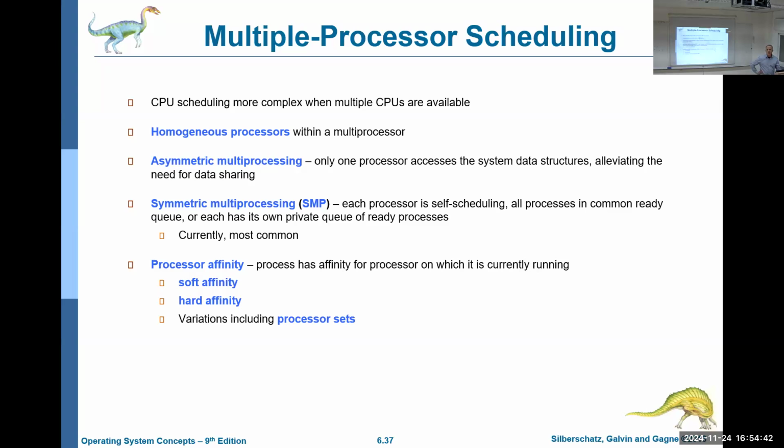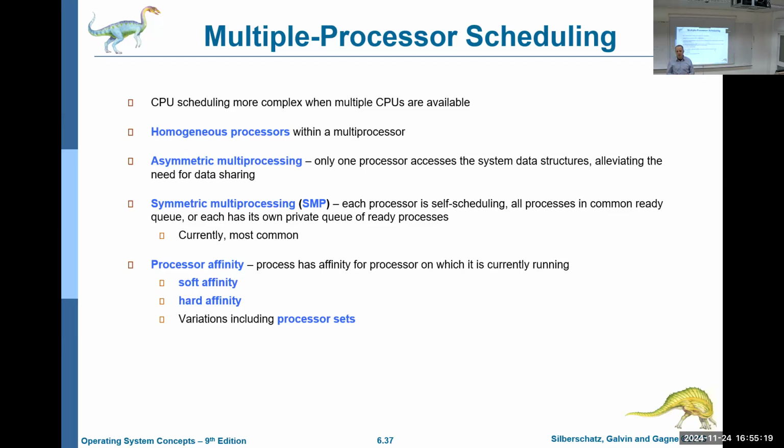Now, what's the problem with having one queue and both processors taking from it? If you think about your class in computer architecture, there's a cache. We'll talk about this later in this course, but the cache has data from a previous run of the program. When we do a context switch, we don't necessarily wipe the cache clean to start the next process.